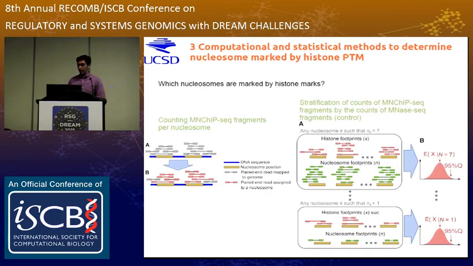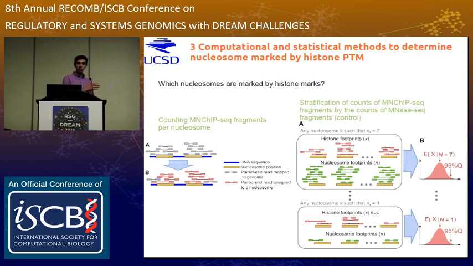So the next step, now that we have the map of these nucleosomes, was to determine which of them are actually marked by a particular histone mark. So we developed a procedure where, knowing the location of each nucleosome, we use as an index of enrichment the counts of histone footprints on each one of them. As you may know, there is a confounding effect between the sampling bias of the MNase-seq data and the actual footprints of the histone marks.